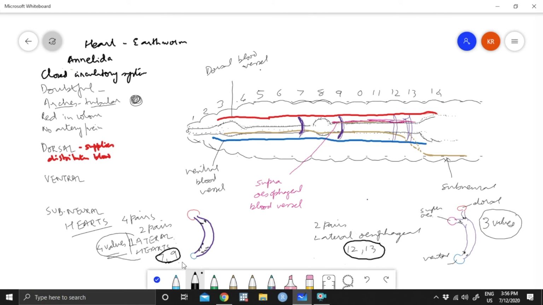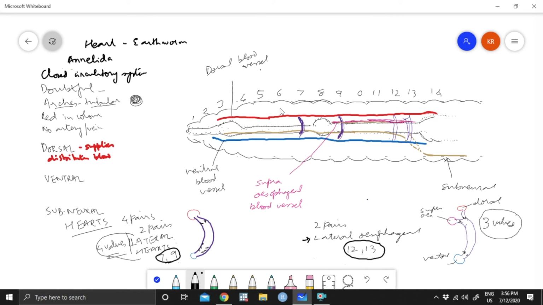Segment number 7 and 9, these are called as lateral hearts. Segment number 12 and 13 are called as lateral esophageal hearts. Lateral hearts, there are 4 pairs of valves. Lateral esophageal hearts, there are 3 pairs of valves. Okay.